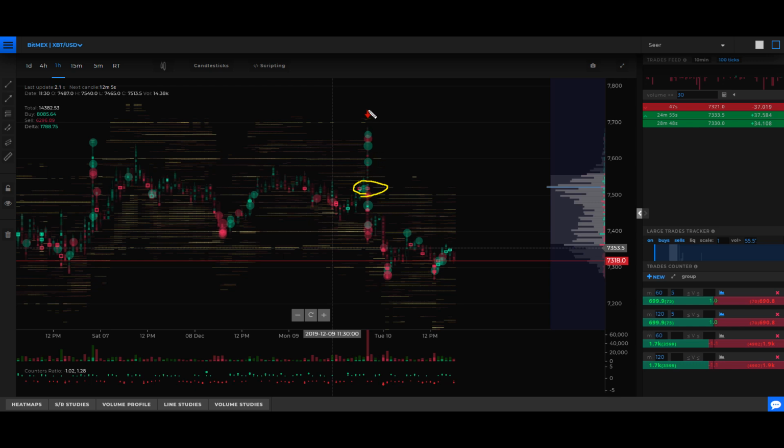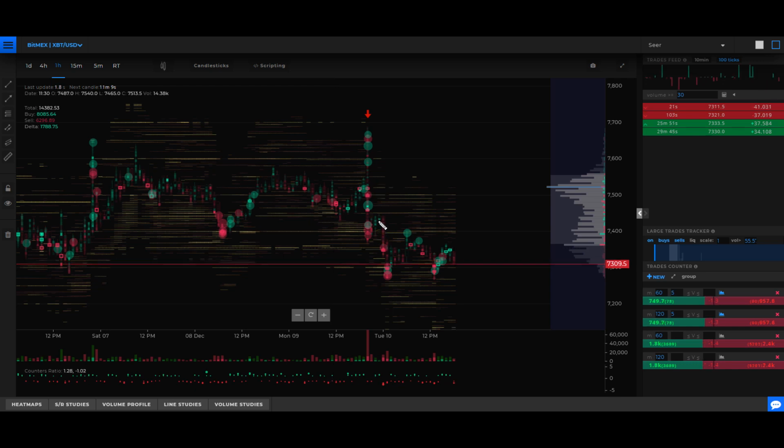So we had a divergence, we had a lot of sell pressure, and then once price did move down, you can see in the large trades tracker we did end up having a lot of big sells over here. So these are the three things that you actually want to be aligning.